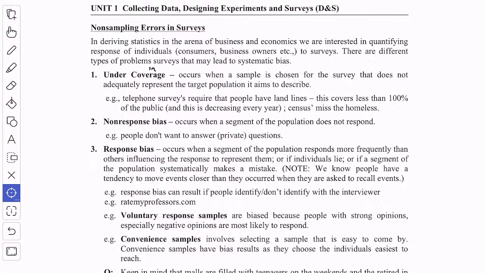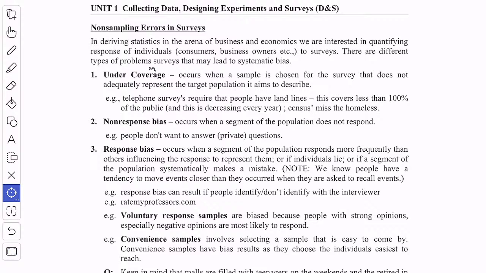So if you ask questions that are otherwise private, people don't like to convey their opinion, or they don't like to share that information, that will not reflect in your survey. So income questions often are not correctly answered, so there has to be techniques in answering questions or gathering data that encourages the respondents to reply.